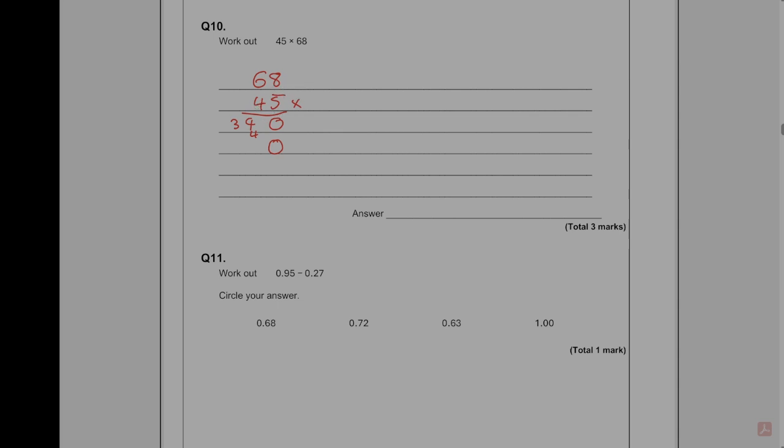So 4 times by 8 would give me 32. And 4 times 6 would give me 24, plus the 3 would give me 27. I then add my two numbers together. So that's going to give me 0, 6. So 3060.